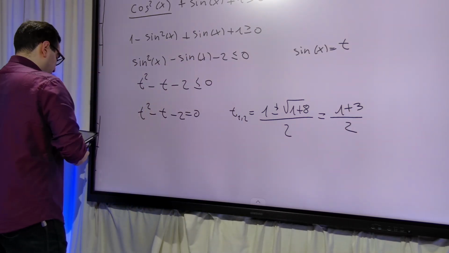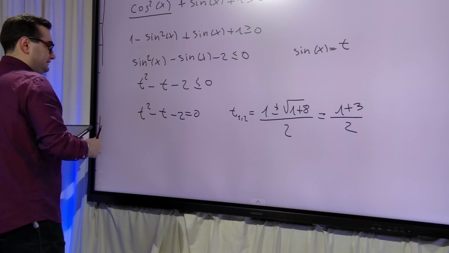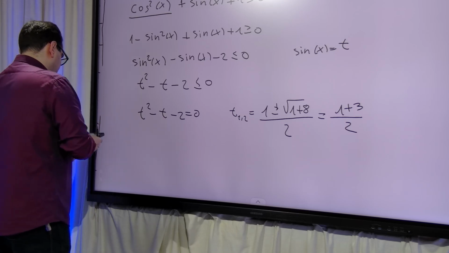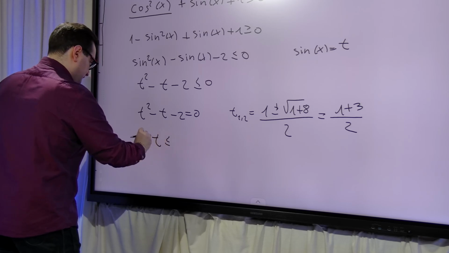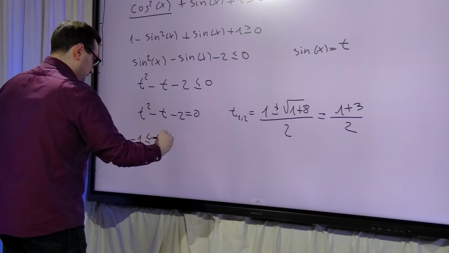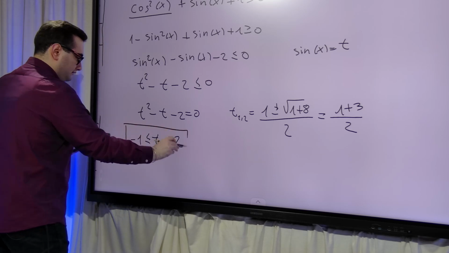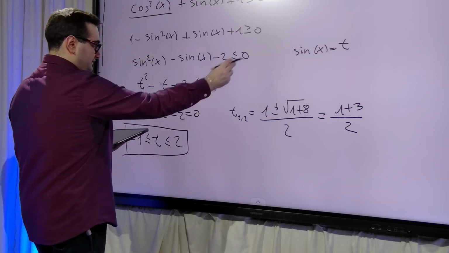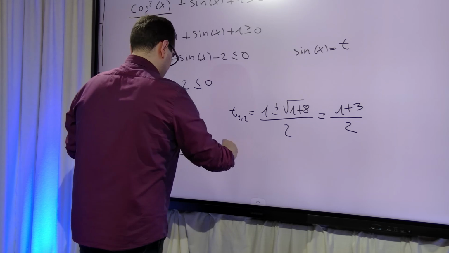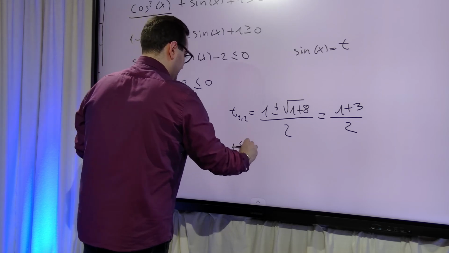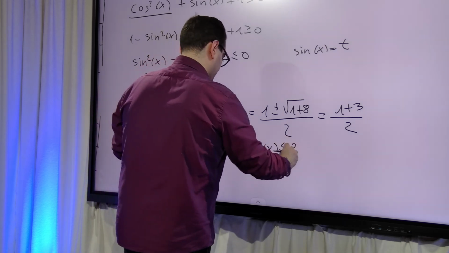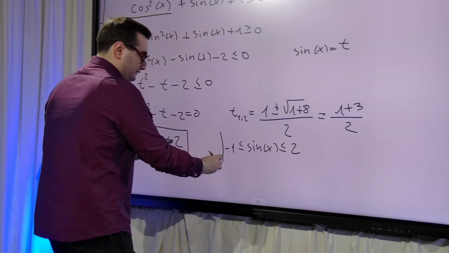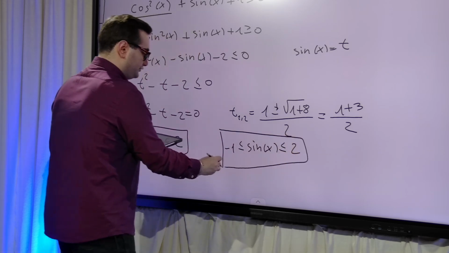Now I consider the solution of the inequality, so I have t, that is this one, and just by replacing t with the sine, I got this solution.